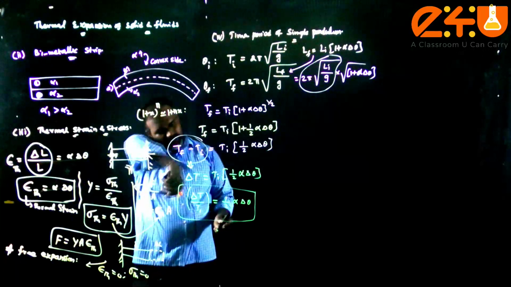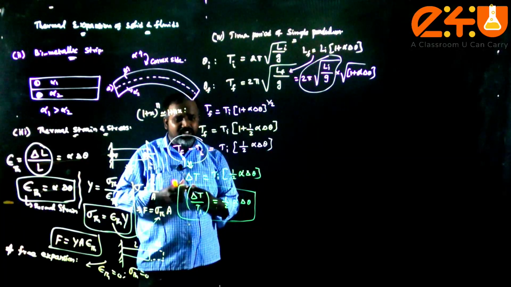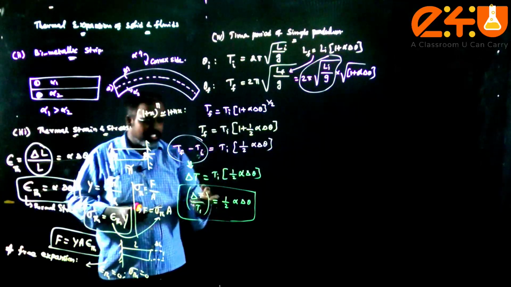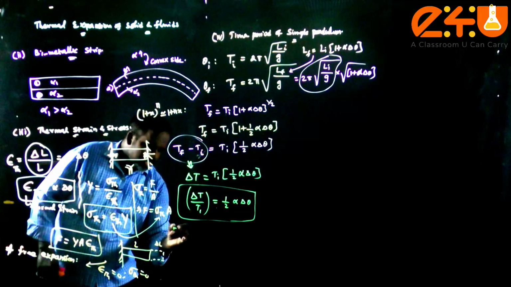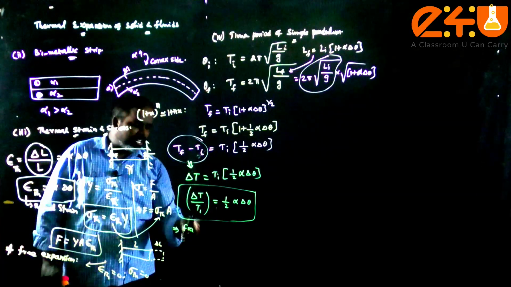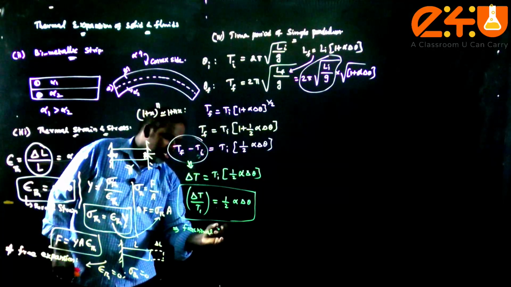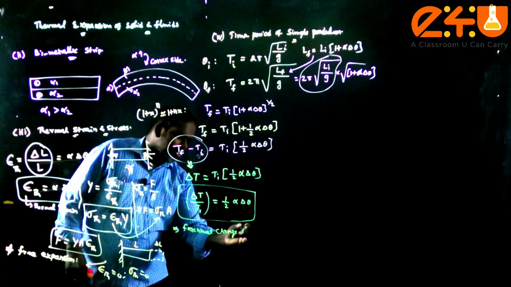If this pendulum is used for measuring time, that is called a pendulum clock. In that case, the fractional change in time period, and this is the fractional change in time.